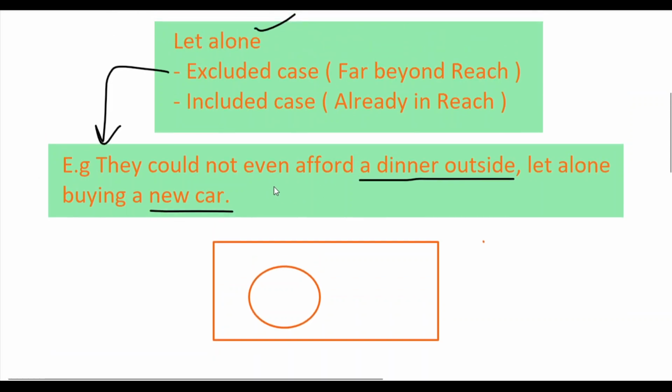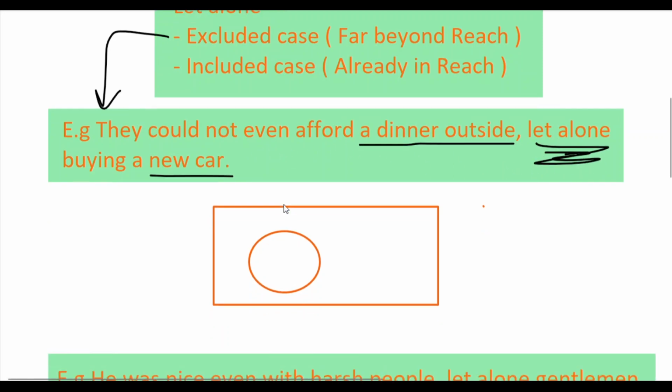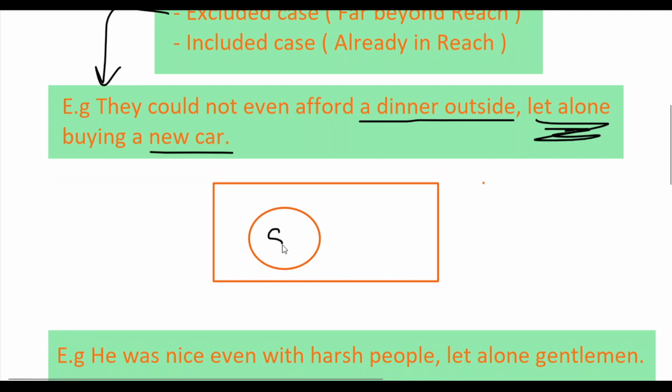So if you see over here, the way this "let alone" is working is, let's say you're talking about money, okay? And this is far beyond someone's reach. So what can you basically say about something which is even more expensive, like a new car, or probably going on a vacation, something to this effect? Well, this is definitely way beyond someone's reach.